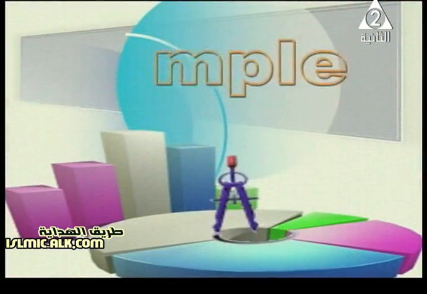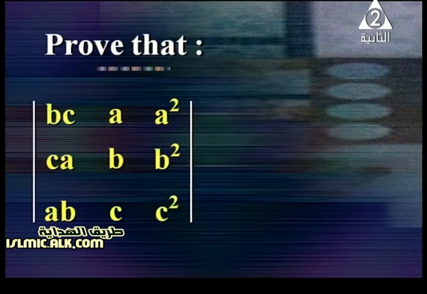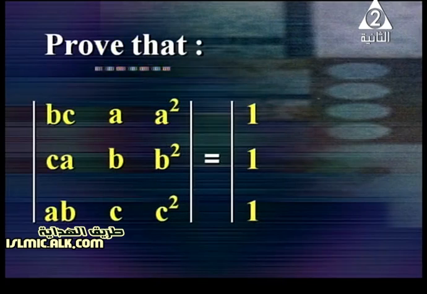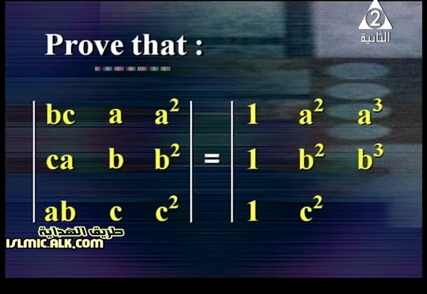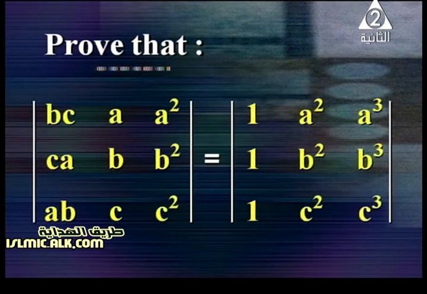Example, look at, dear student. Prove that the determinant with first row bc, a squared; second row ca, b squared; third row ab, c squared, equals the determinant with rows 1, a squared, a power 3; 1, b squared, b power 3; 1, c squared, c power 3.